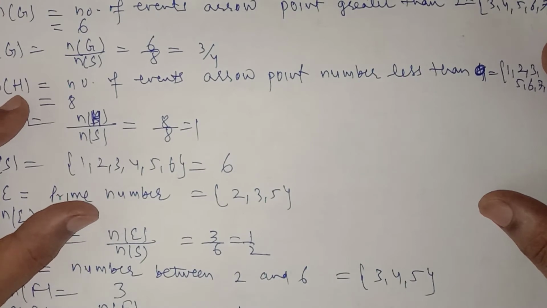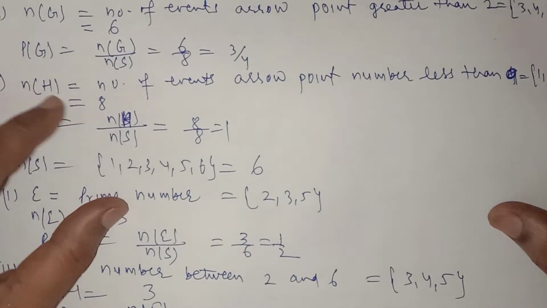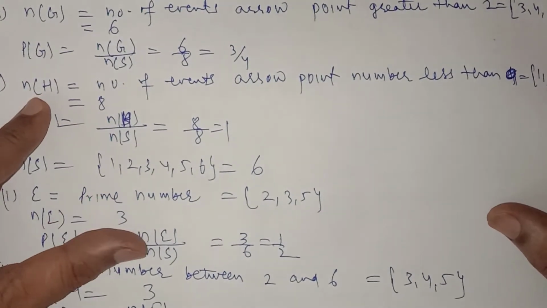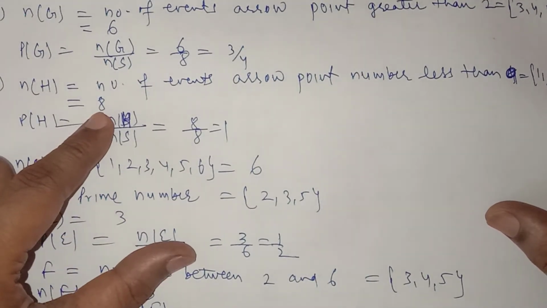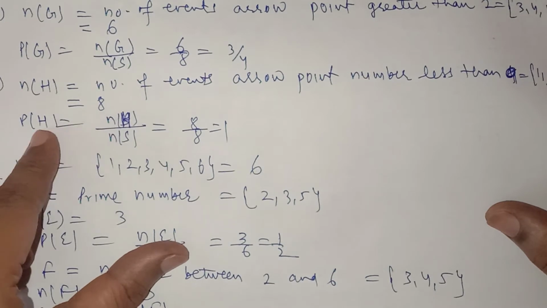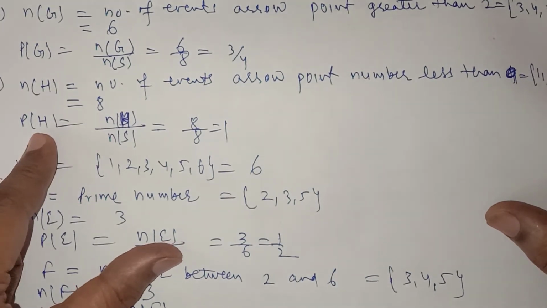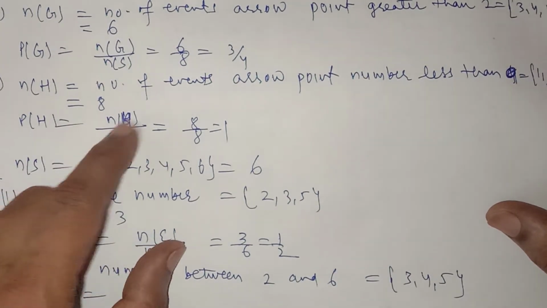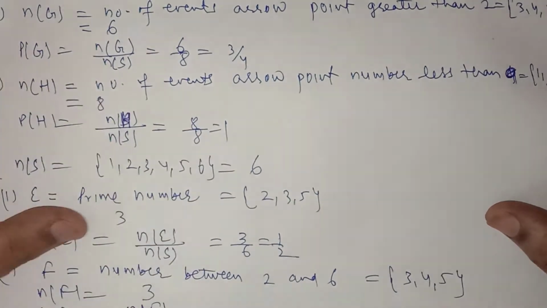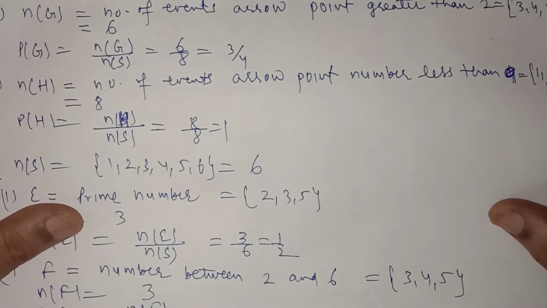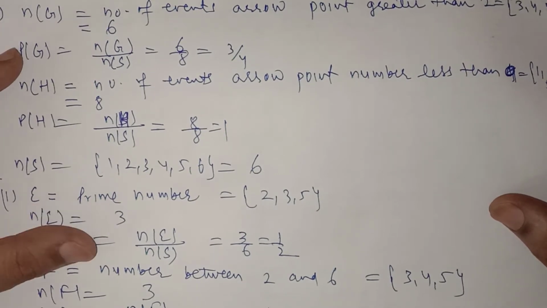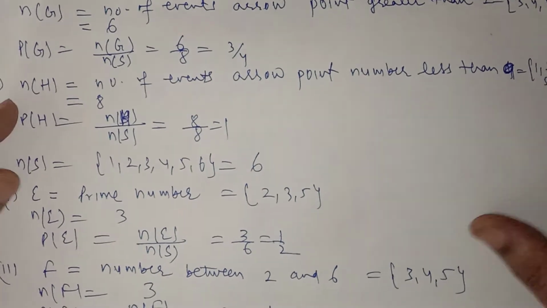So NH is equal to 8, the favorable events. So PH, the probability of getting a number less than 9, is 8 upon 8, which is 1. It is a sure event. A number less than 9 will definitely come, because 1 to 8 are written on that circular circle.